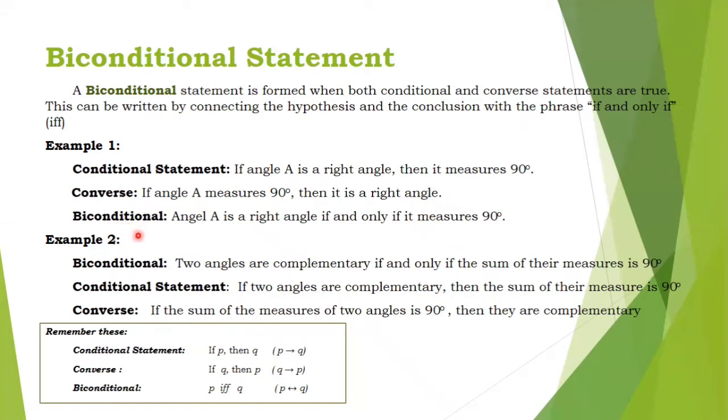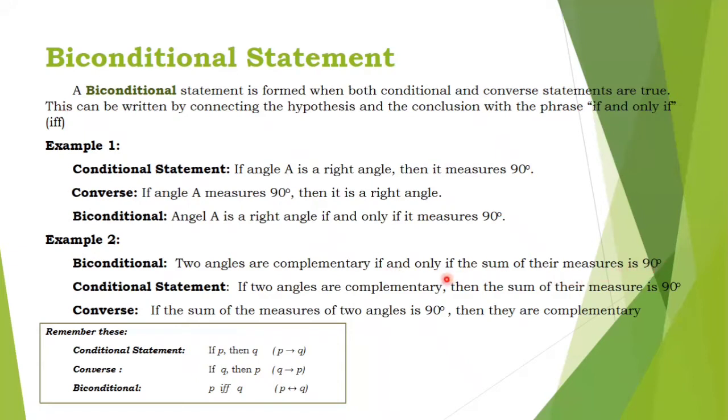So on the other hand, since a biconditional statement can be formed if the converse statement and the conditional are both true, then given the biconditional statement, you can split it into two statements, the conditional and the converse. So let's take this. Given the biconditional statement, two angles are complementary if and only if the sum of their measure is 90 degrees.